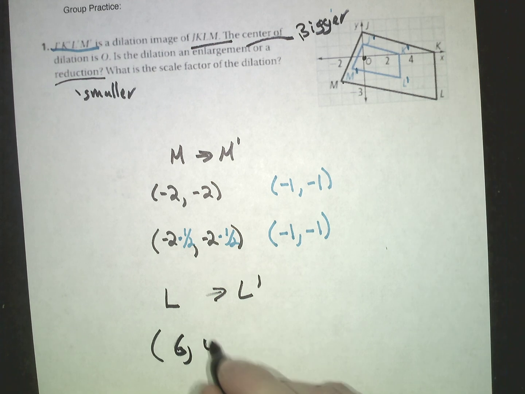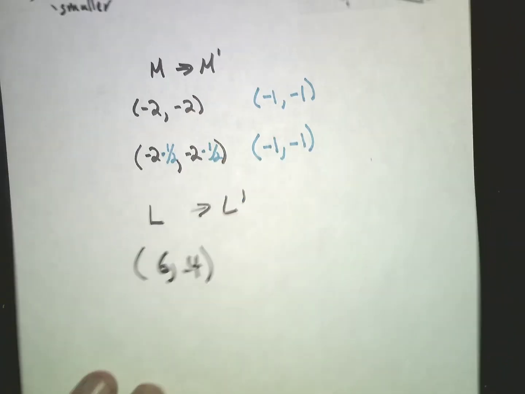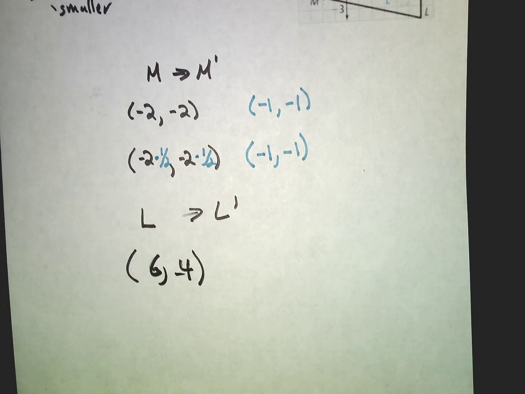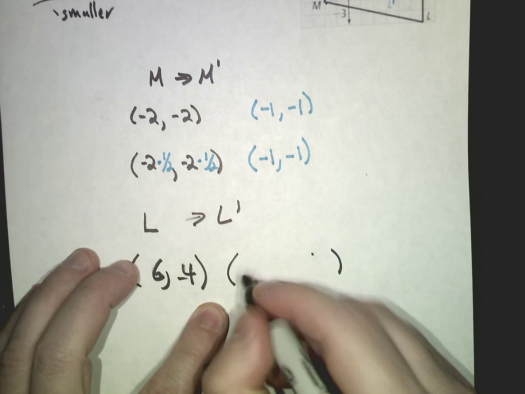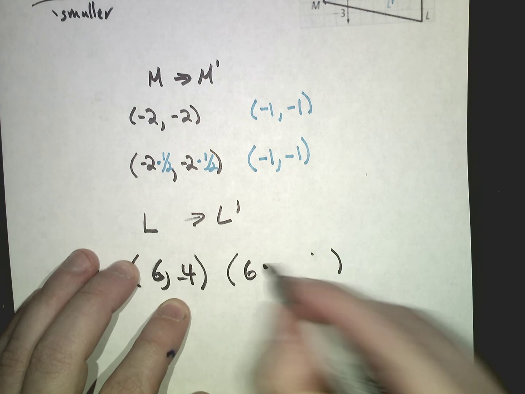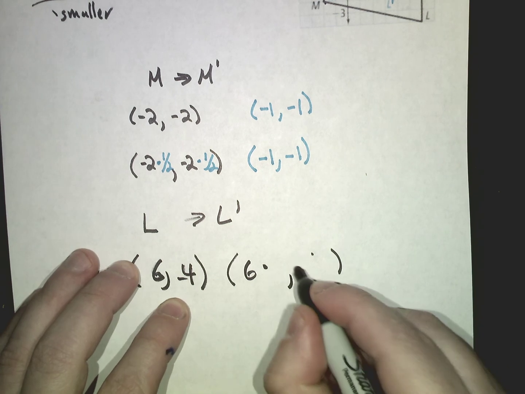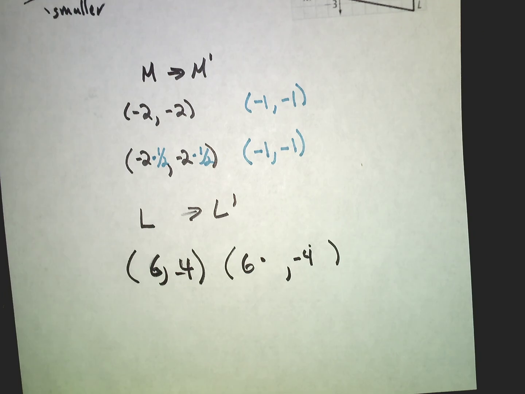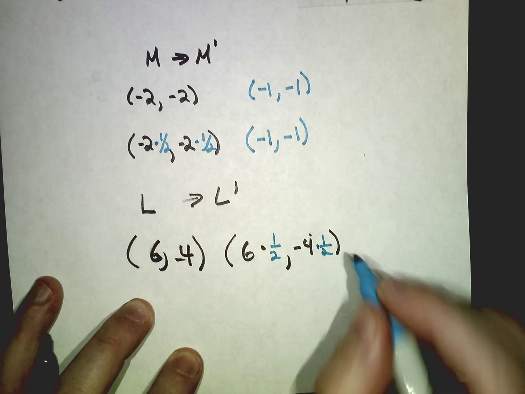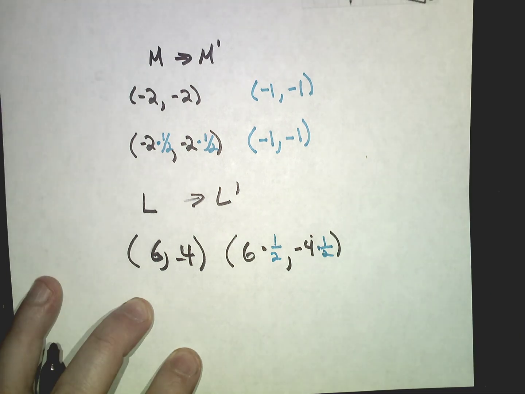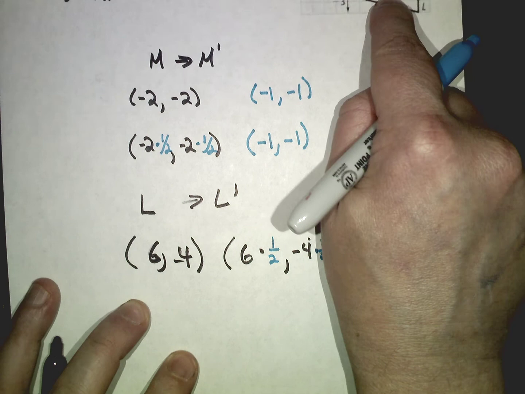Oh, down, so -4. So, if my theory is correct, I have to take these numbers, 6 and -4, and multiply them by 1/2. And I should get L prime.